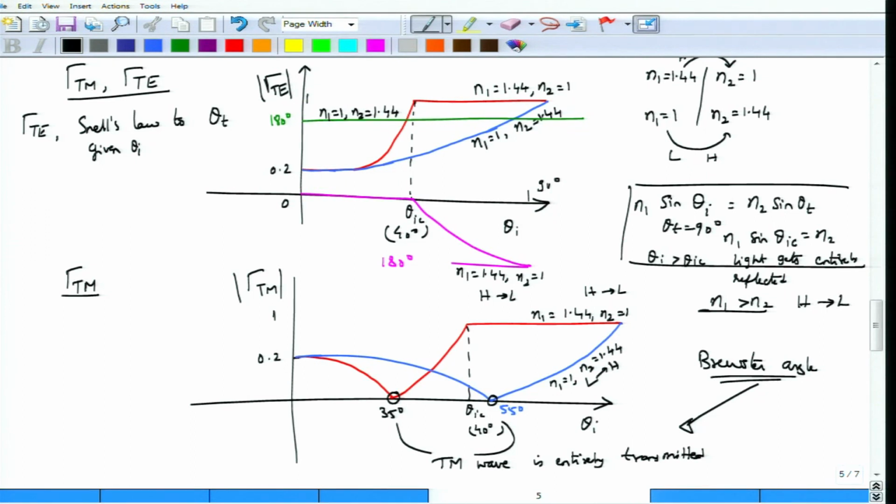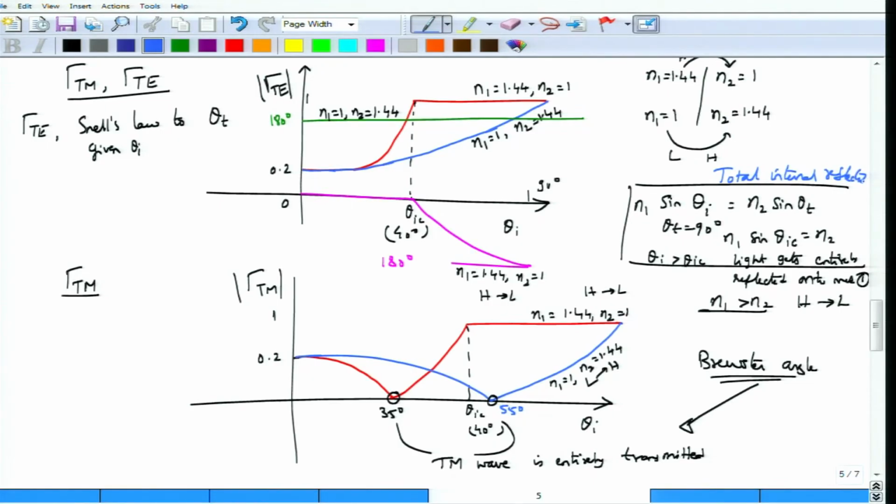Only then, as the angle gets greater than the critical angle, does light get entirely reflected into medium 1. This phenomenon of light getting reflected into medium 1 is called total internal reflection.